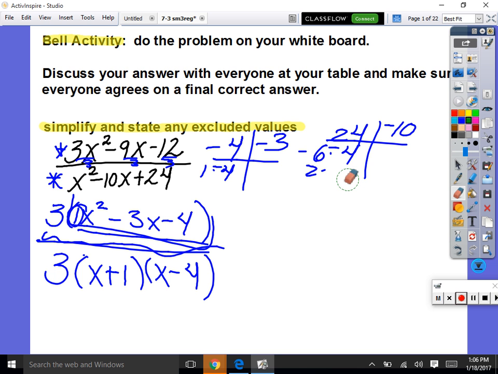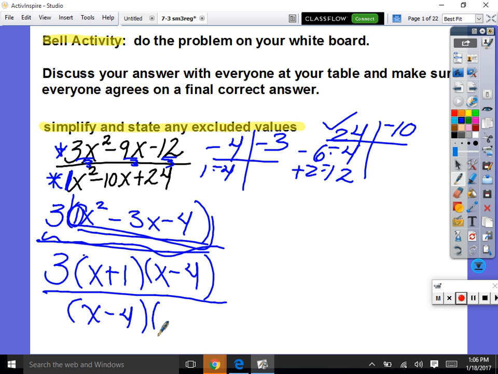I saw a few people start out with that, and then they use this, but that doesn't work here, right? -12 times +2 isn't +24. So the bottom factors to be, quick factoring is okay, right? 1, gotta check that, x minus 4 and x minus 6.